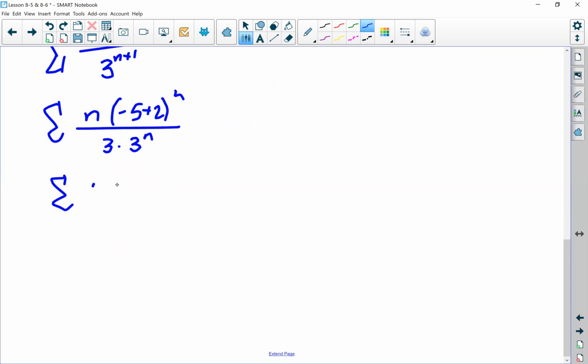This would be n over -3 to the n over 3 times +3 to the n. Ooh, not good. -3 to the n is the same as -1 to the n times 3 to the n. So our 3 to the n's can cancel, leaving us with -1 to the n in the numerator.